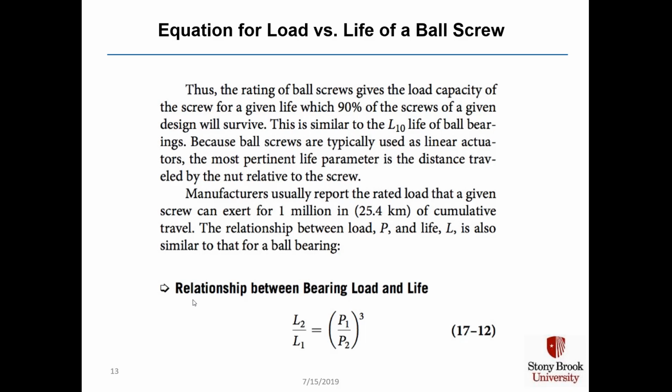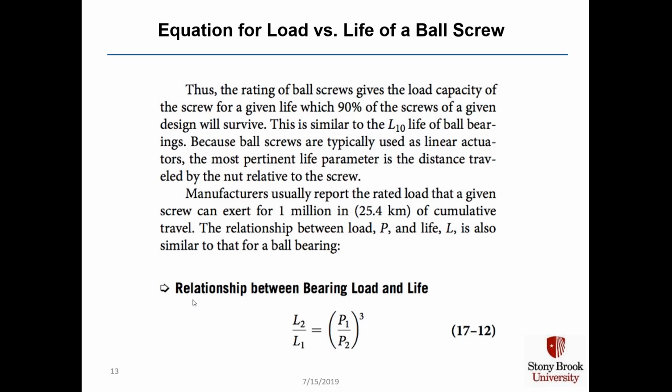And manufacturers usually report the rated load that a given screw can exert for 1,000,000 inches, which is 25.4 kilometers of cumulative travel. And the relationship between load P and life L is also similar to a ball bearing.